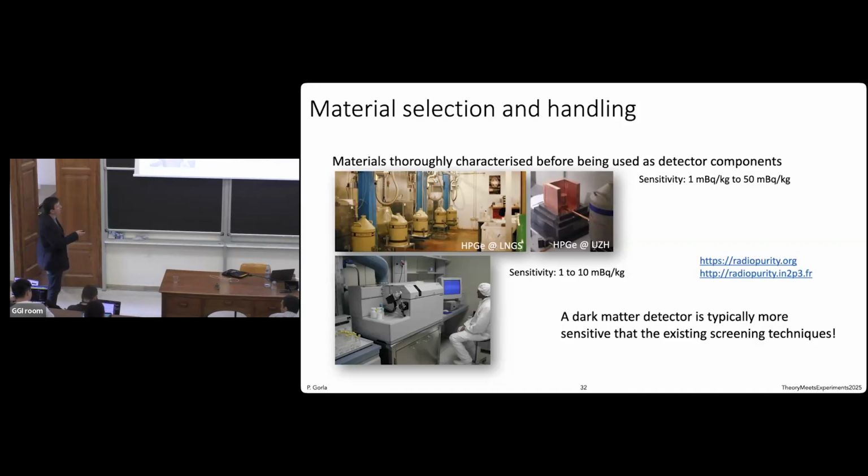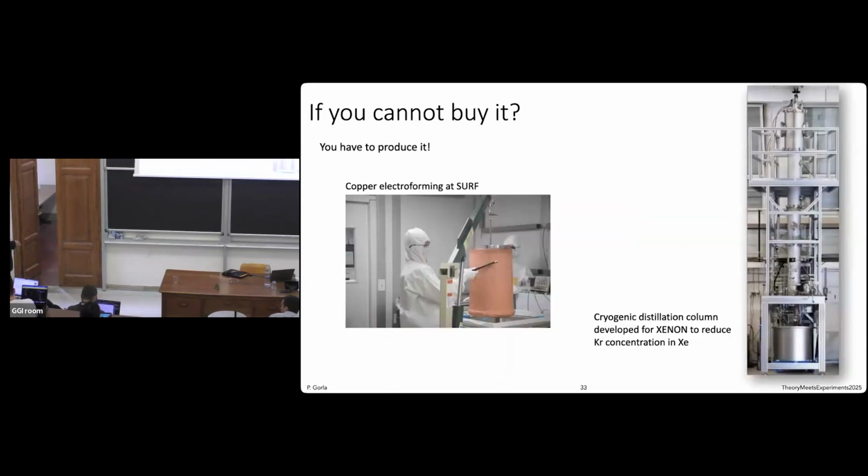So in underground laboratories all around the world, not only in Gran Sasso, you have screening facilities that can push the sensitivity quite below what any commercial vendor can guarantee. But on the other side, what you need for your final detector is very often lower than any screening technology. So you do your best to select materials, but typically you want a way to actively disentangle the presence of possible contaminants. Same concept: if you cannot buy something, you have to produce it yourself.